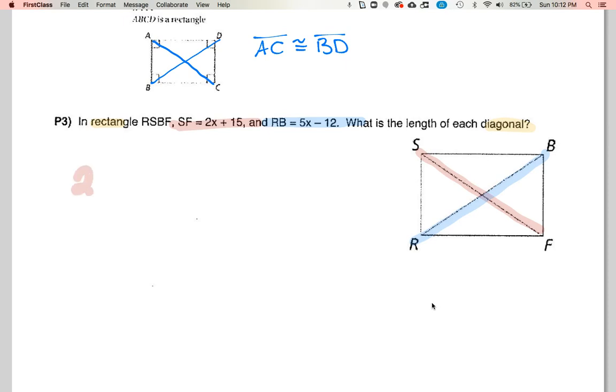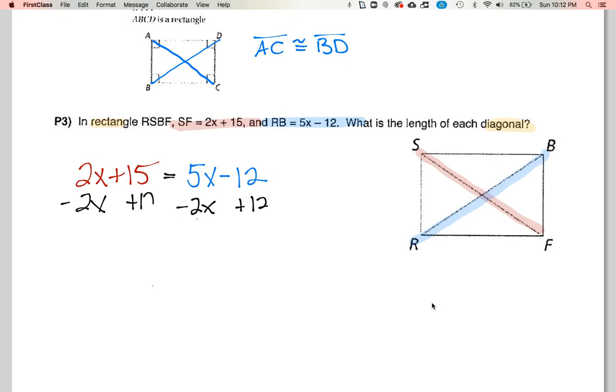So 2x plus 15 equals 5x minus 12. I'm going to take the 2x over here, the 12 to the other side. 27 equals 3x, x equals 9.